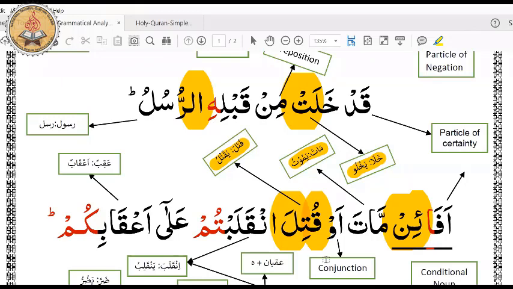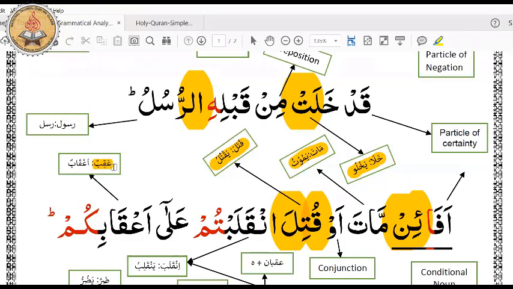And then the word is inqalabtum. Inqalabtum is from inqalaba, which means to change. And this is a verbal phrase: inqalabtum ala aqabikum, upon your heels. Aqibun means heel. You know the heel, there are two heels, the back part of our foot.